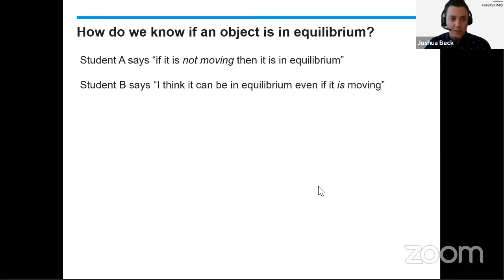See, the interesting thing about what student A says, if it's not moving, then it's in equilibrium, is while they are partially correct, it's not a completely correct answer. They're leaving some things out because, as student B says, it can be in equilibrium even if it is moving. But what student B said isn't necessarily always correct either, because there are plenty of scenarios where something's moving and not in equilibrium.